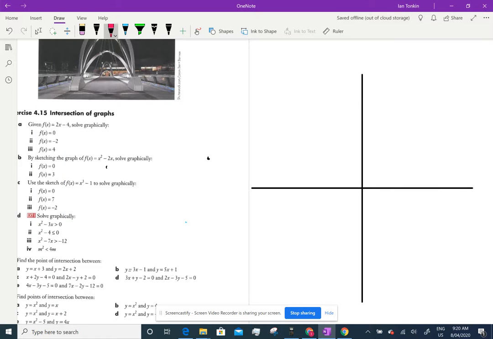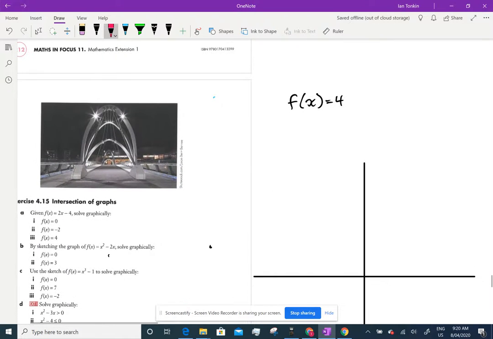Well, x squared minus 2x, first of all I need to have some things. If I've got f of x equals x squared minus 2x, it's a positive parabola. Let's put it equal to 0.